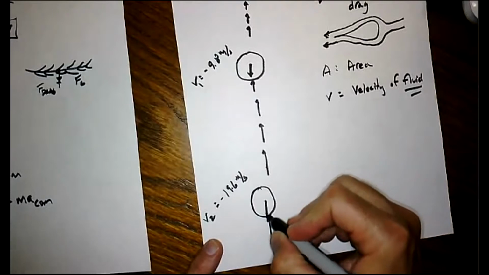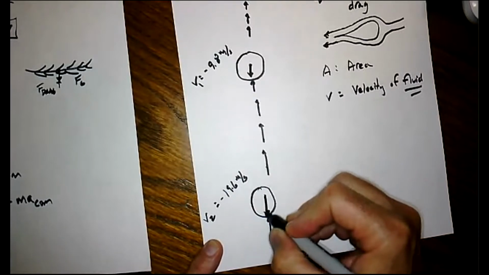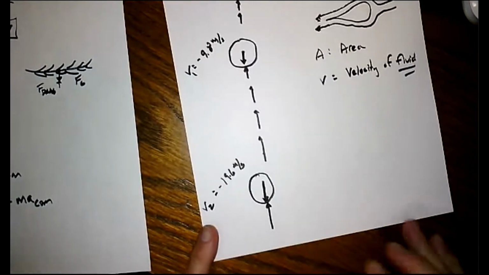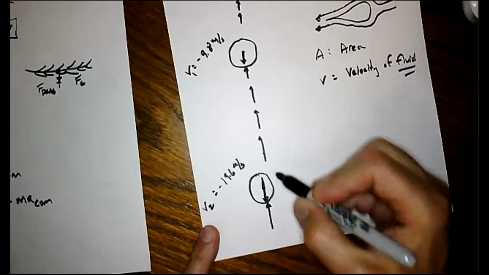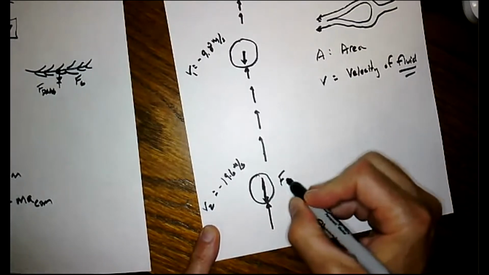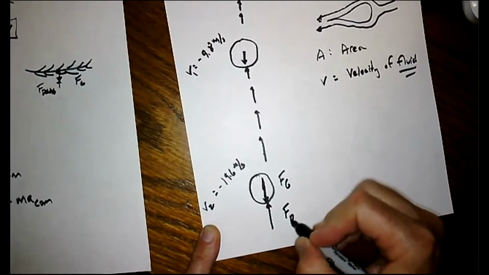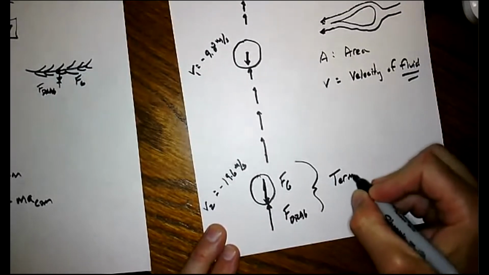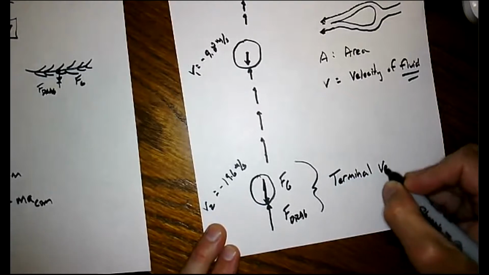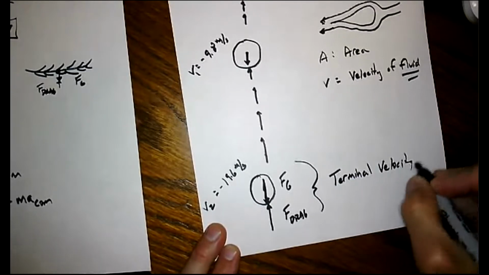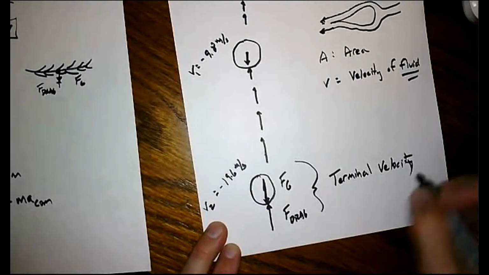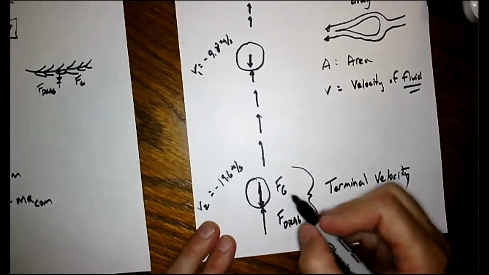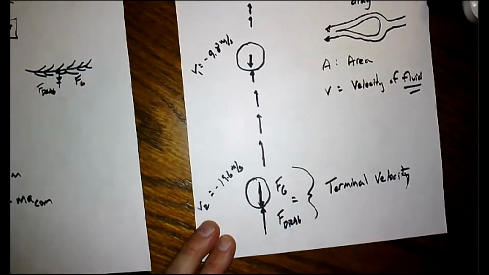At some point, my drawing is not very good, the force due to gravity is going to be the same as the force due to drag. When that's the case, we've reached terminal velocity. I'll put an equal sign in here.